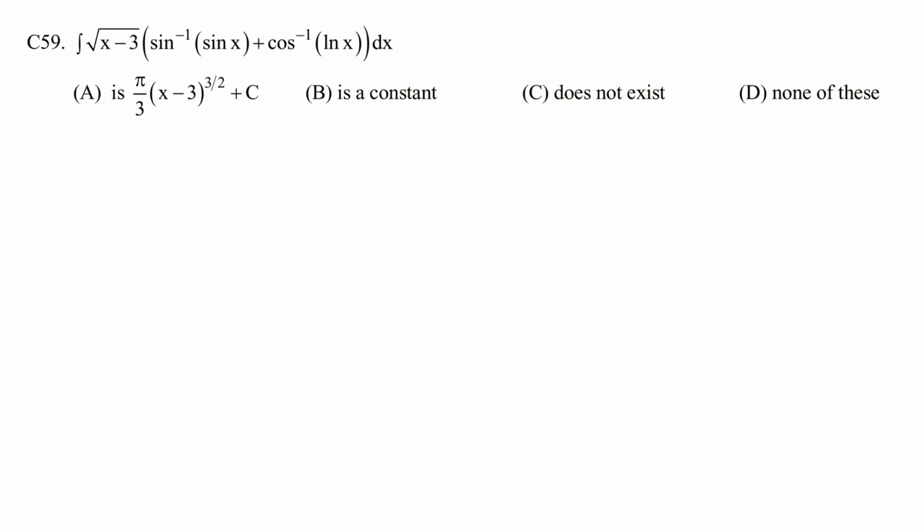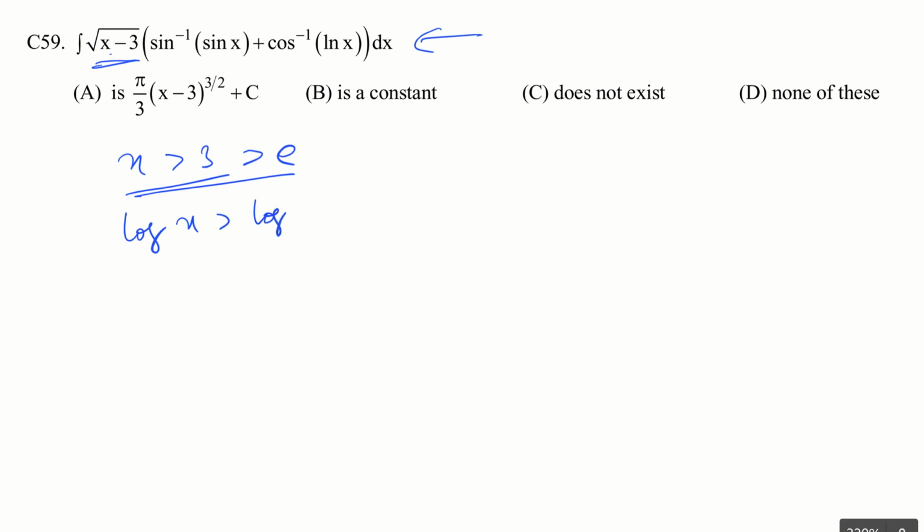In this problem, there is no domain at all to evaluate the integral. Observe that for this to be defined, I need x to be greater than 3. Now with x greater than 3, I know that 3 is greater than e. So if I take log throughout here, I'll get ln x, that is log x to the base e, is greater than log 3, which is greater than log e to the base e, that is 1.